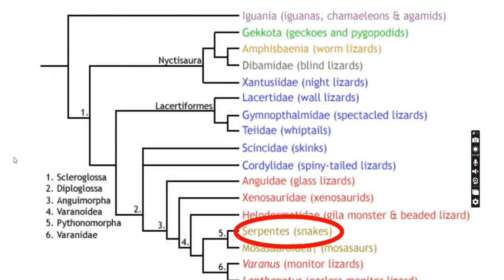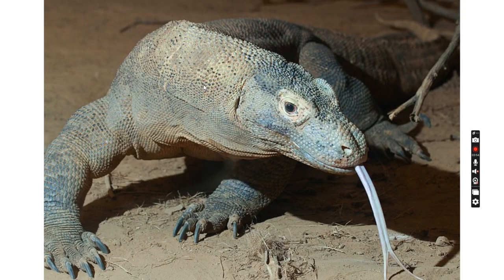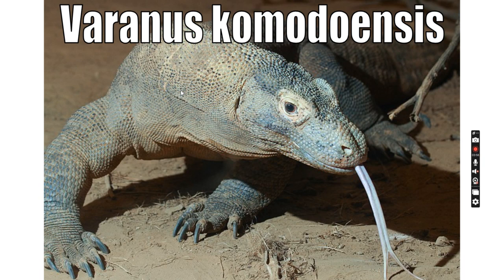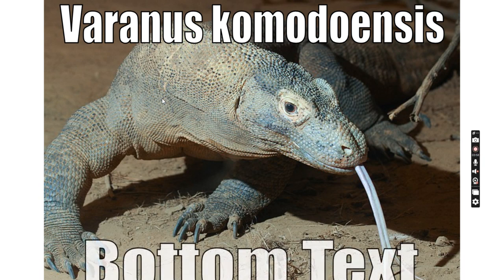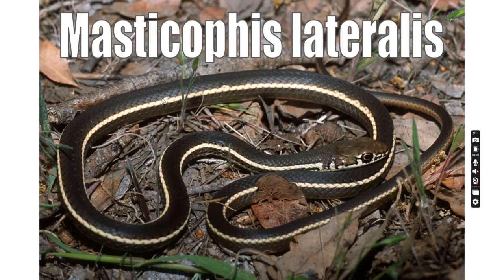If we go back to our phylogeny from earlier, our legless lizard is going to fall into the family Anguidae, which are the glass lizards. Specifically, that photo is of a western slender glass lizard. So if we look at this phylogeny and we look down here at Varanus, we see that actually this guy here, the Komodo dragon, known as Varanus komodoensis, is actually more closely related to this.